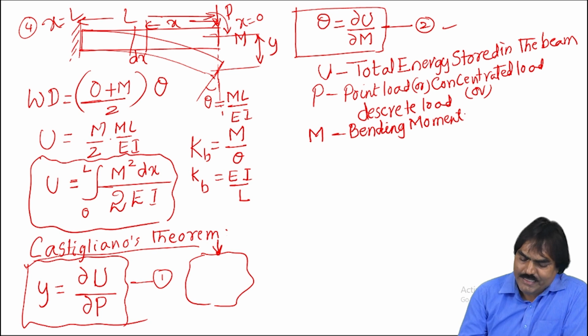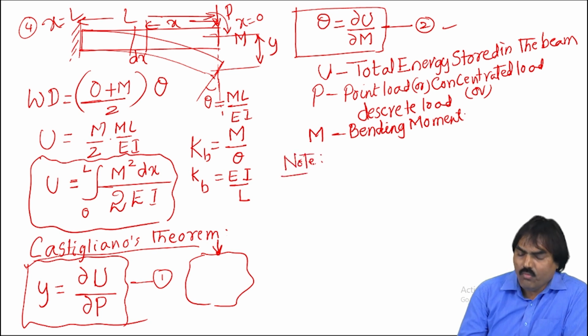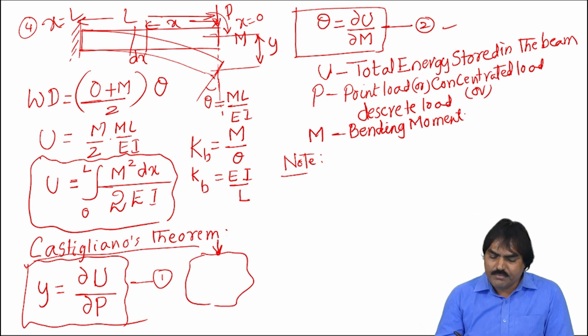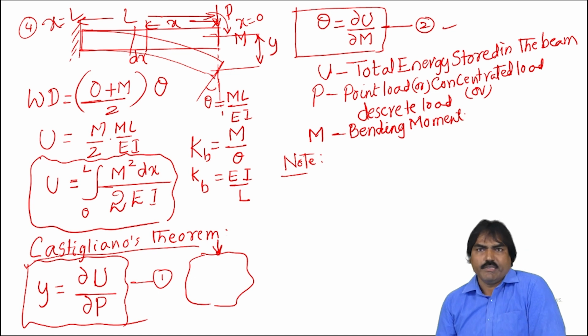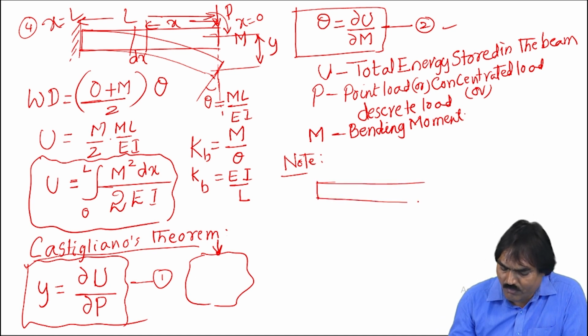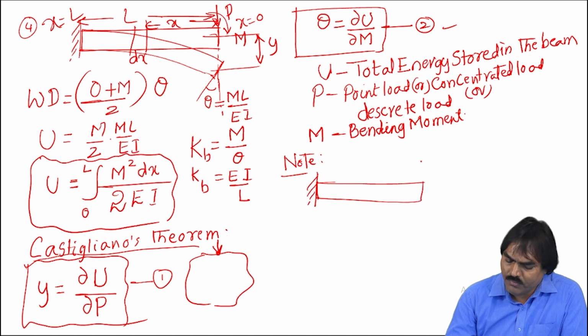Now you will have a serious doubt. What if there is no point load at a particular location where we want to find the deflection? Say this is a structure where the load P is applied here.